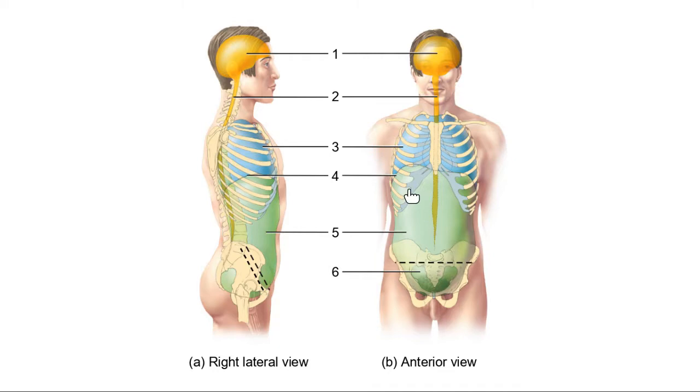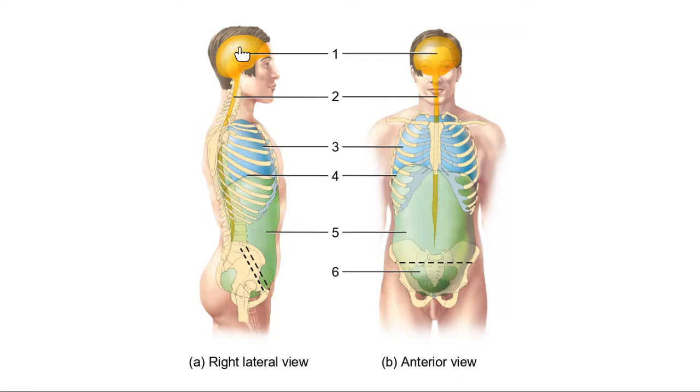This picture wants to show you the different body cavities. The body cavities in our body are divided into two parts. First, you can see the yellow part, which we call dorsal body cavity or posterior body cavity. And the one which is blue and green is called anterior body cavities.